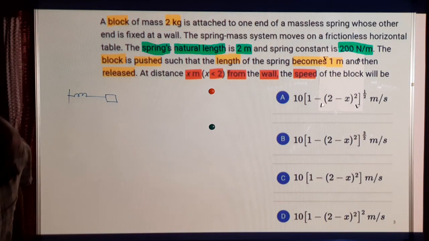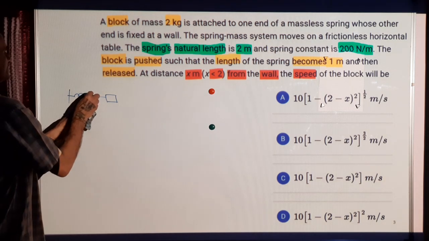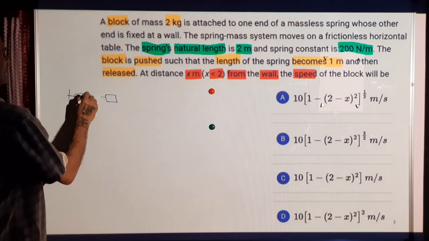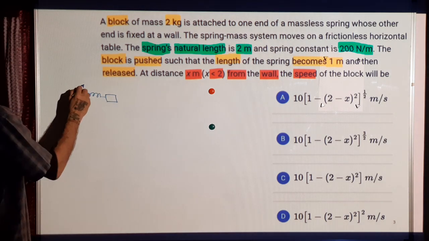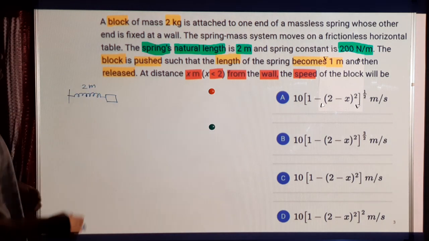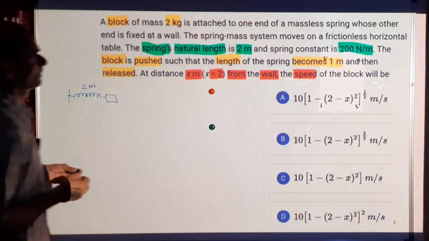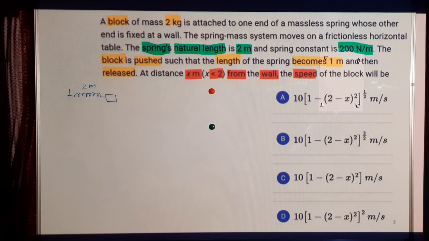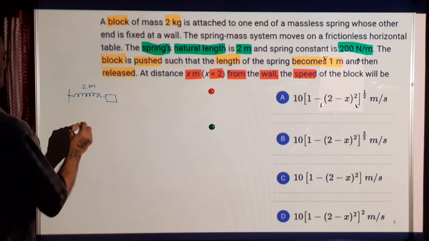So initially the spring is in a relaxed position. And the length of the relaxed spring is 2 meters, natural length. And the spring constant K is given. So from this position, the spring is pushed towards the wall.